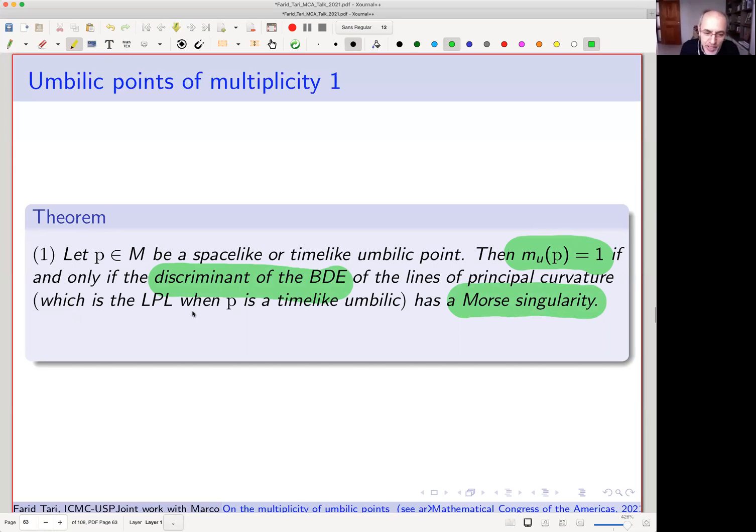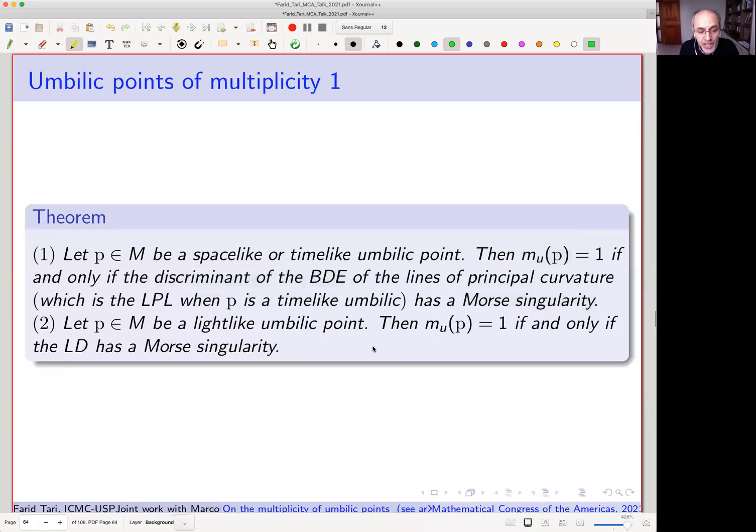In the case of time-like, it will have a singularity of type A1 minus, and the multiplicity is 1 if and only if the singularity is Morse. Now, at light-like umbilic points, the multiplicity is also 1 if and only if the LD, the locus of degeneracy of the metric, has a Morse singularity, so it can have singularity A1 plus or A1 minus.